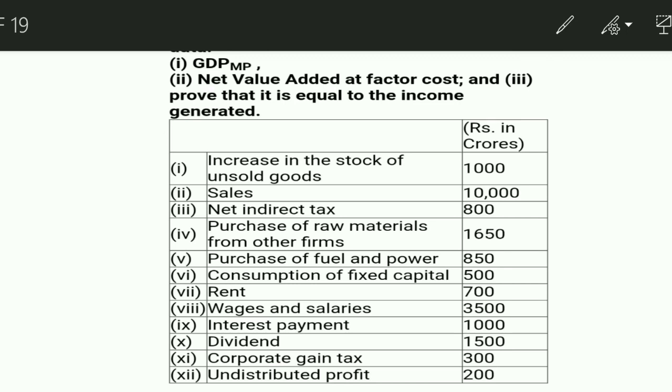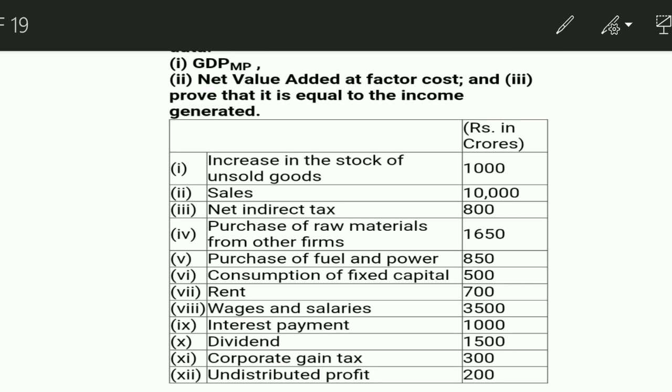And value of output is nothing but the sum of compensation of employees, operating surplus, mixed income of self-employed, intermediate consumption, depreciation, and net indirect tax. So finally, when we reach net value added at factor cost, only these three things remain: operating surplus, compensation of employees, and mixed income of self-employed. And the income generated is also the sum of these three things, hence they are equal. This is the theoretical aspect.